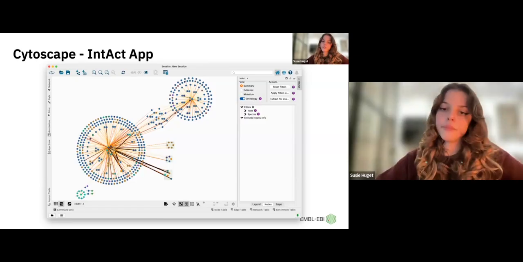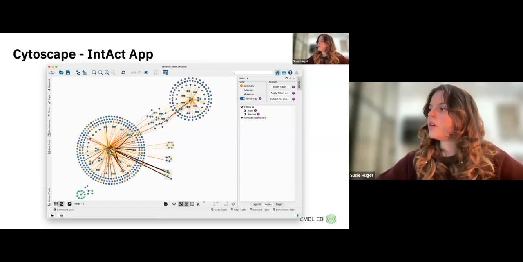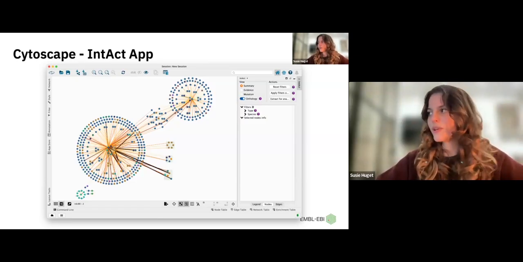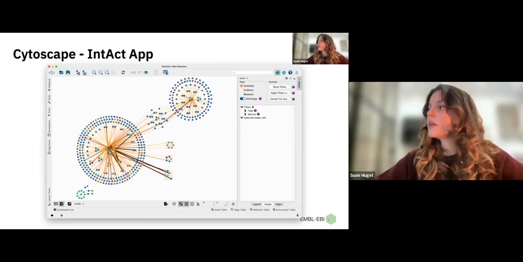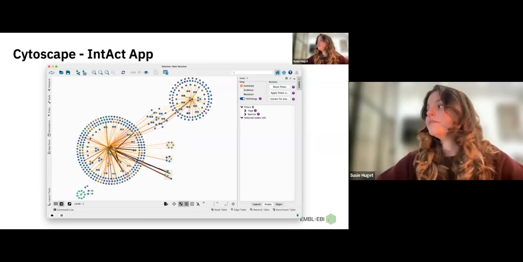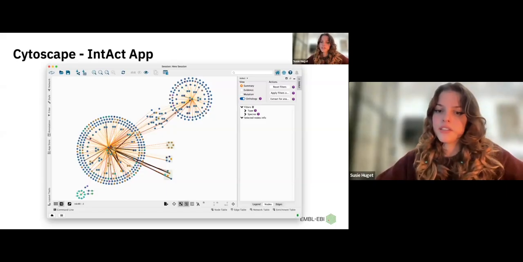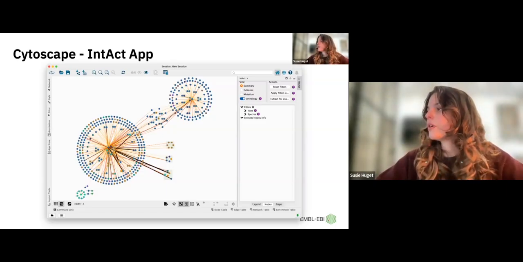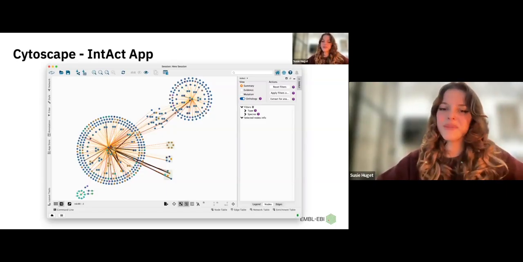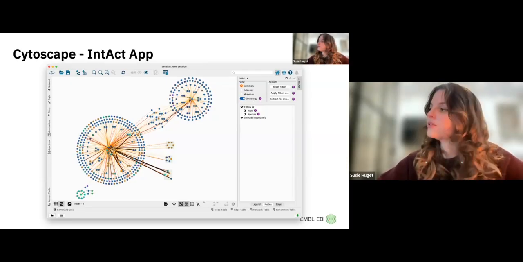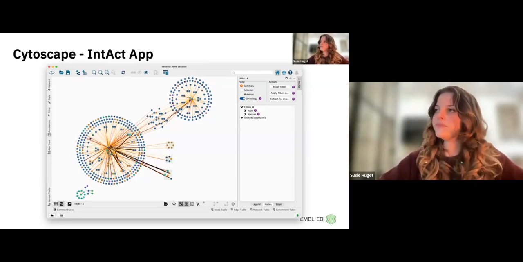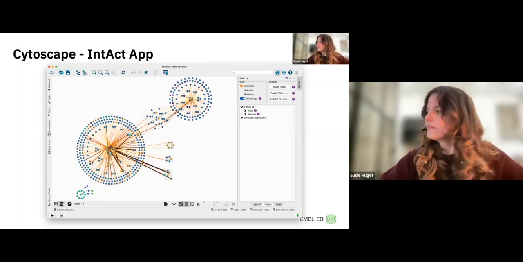Also, when I did the implementation for the orthology, I also thought about the future. For now, we only have the Panther data, but maybe in the future, there might be other databases that we might use. And so maybe one day we will be able to select which database we want to use for the orthology inside of Cytoscape.